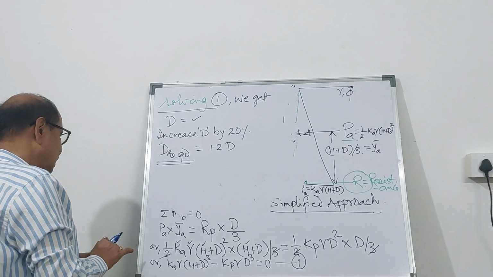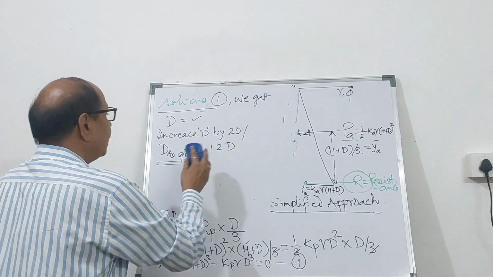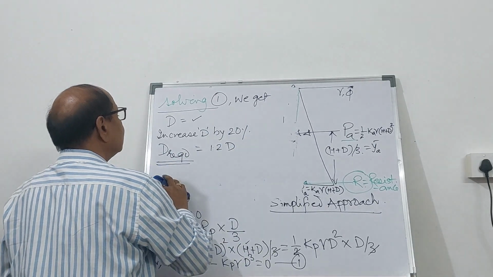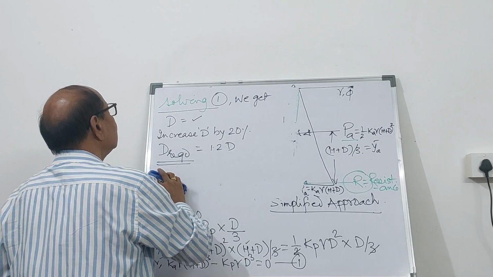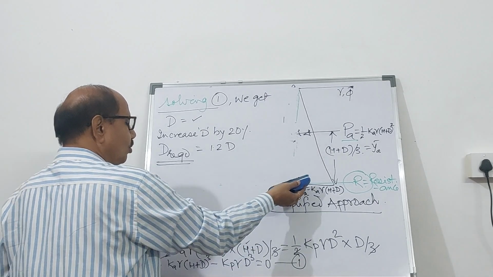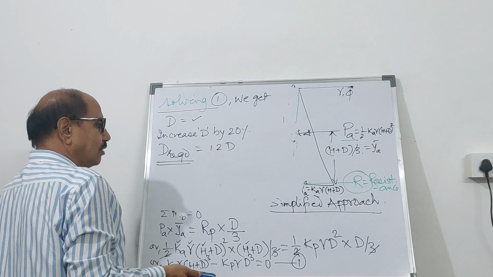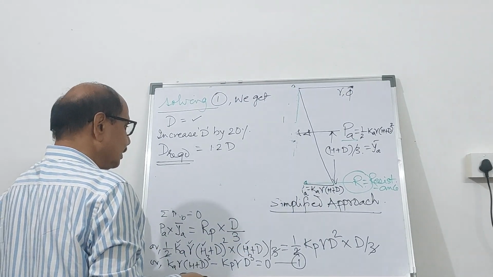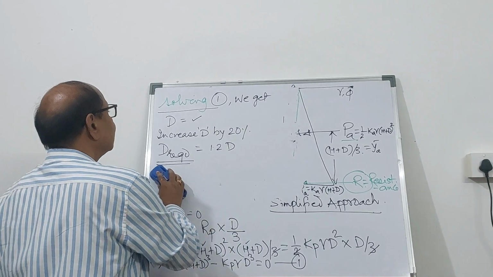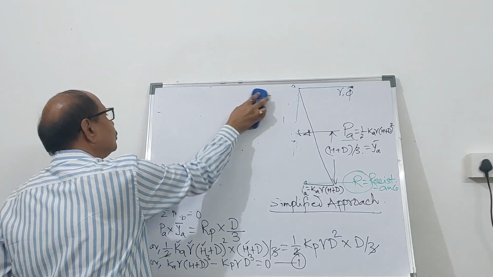So friends, in any kind of situation you can calculate by taking moment about B and you can calculate the value of d by solving the equation. So this is such a simplified approach.